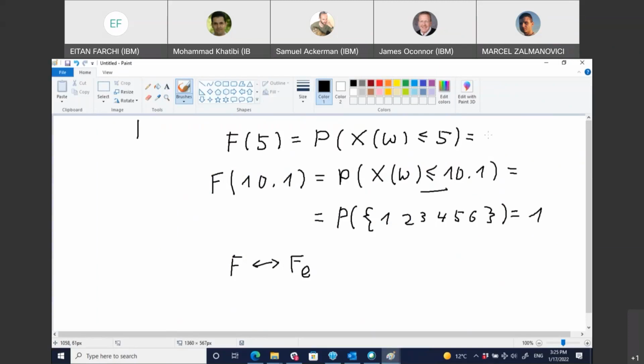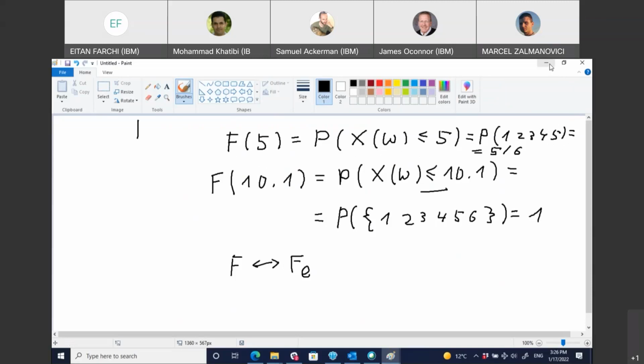So that's the probability of 1, 2, 3, 4, 5. Less than or equal. Thank you, Jim. 6 is not in the set. So that's simply 5 over 6, right? So that's 5 over 6.